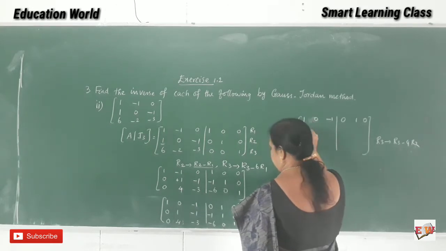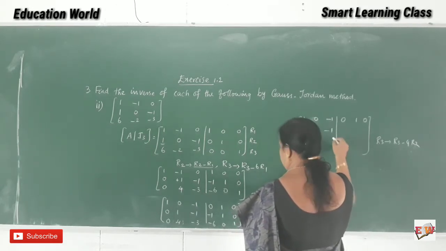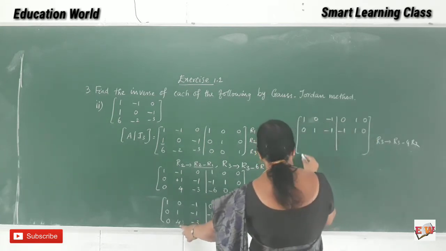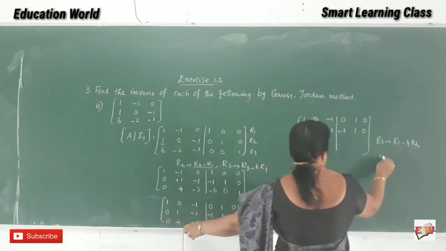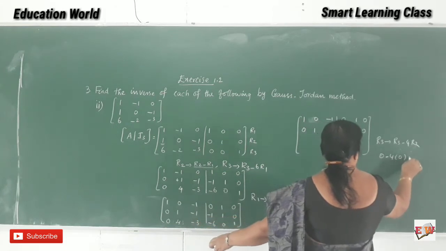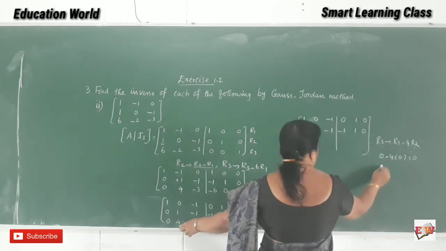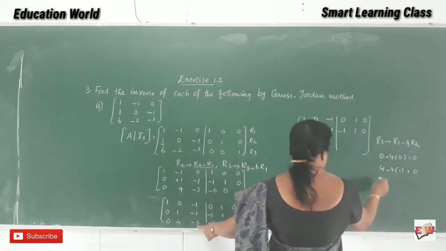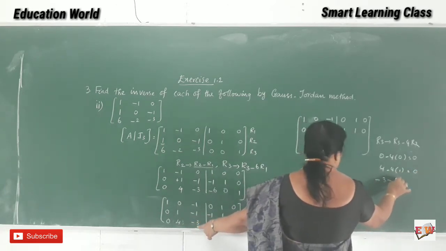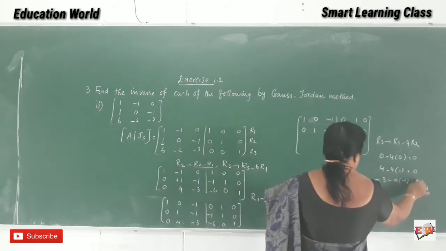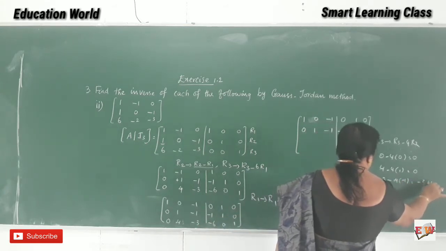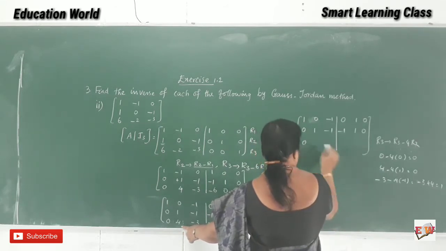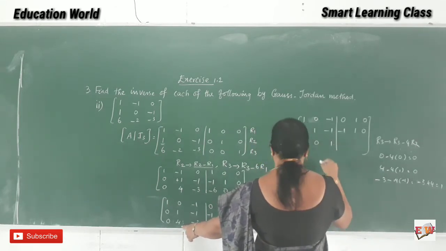R3 only now we are going to change. 0, 1, minus 1, minus 1, 1, 0. R3: 0 minus 4 into 0, 0. Second, 4 minus 4 into 1, 0. Here minus 3 minus 4 into minus 1: minus 3 plus 4 is equal to 1. So you are getting 0, 0, 1.